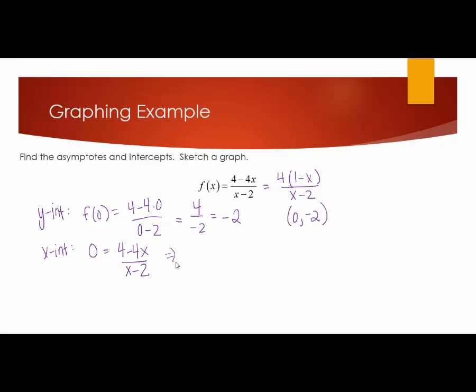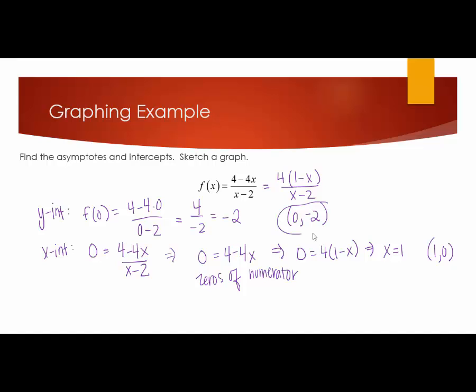So in fact, I only really need to look at the zeros of the numerator in order to find the x-intercept. Well, if I want to look at this in the factored form, that might be even easier. That's going to give me an x value of 1. So I've got just one x-intercept at 1, 0. Let me just circle our important information here. We've got our intercepts. Let's try to find asymptotes.